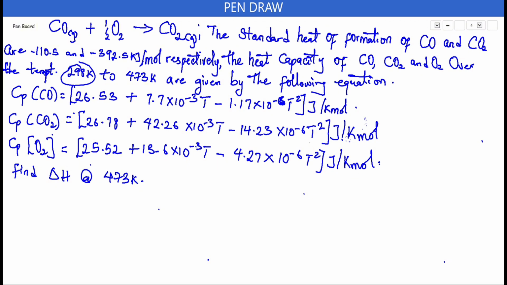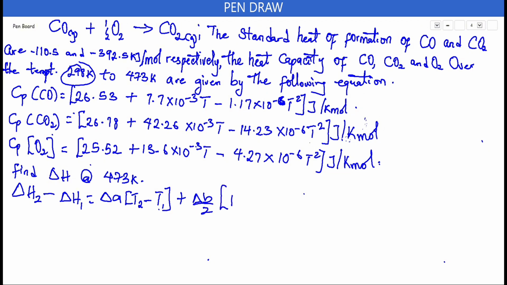Now, what do we have to do? So we can easily recall the formula. Okay, we said there's a formula that says change in H2 minus change in H1 is actually equal to change in A (T2 minus T1), plus change in B over 2 (T2 squared minus T1 squared), plus change in C over 3 (T2 cubed minus T1 cubed).